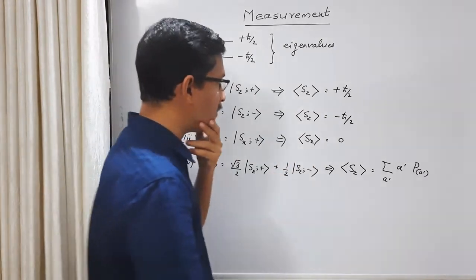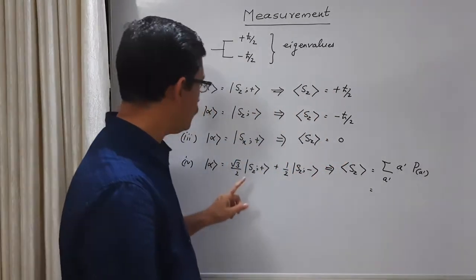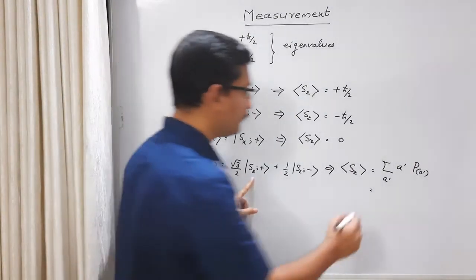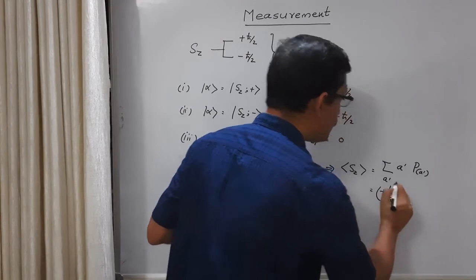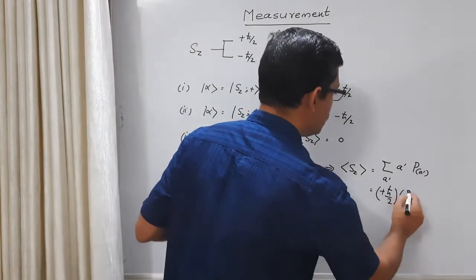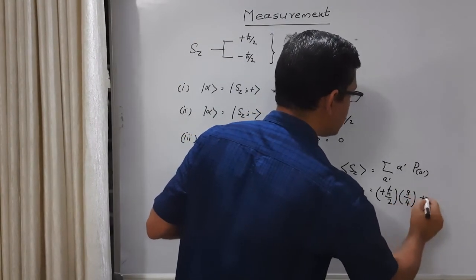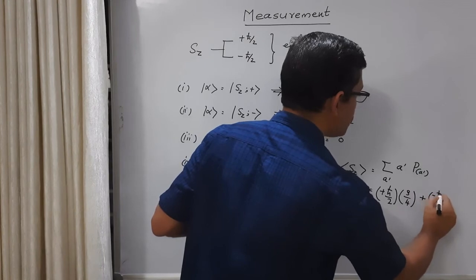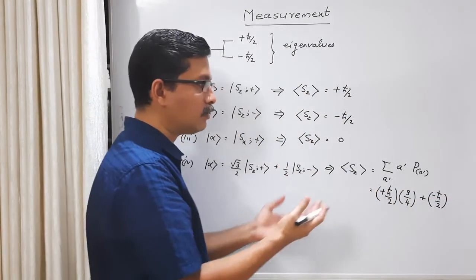So let us calculate this. What is the first eigenvalue? Plus ħ/2, into the probability, which is the square of this expansion coefficient, 3 by 4. Next eigenvalue is minus ħ/2. We have only 2 eigenvalues here, so this summation contains only 2 terms.